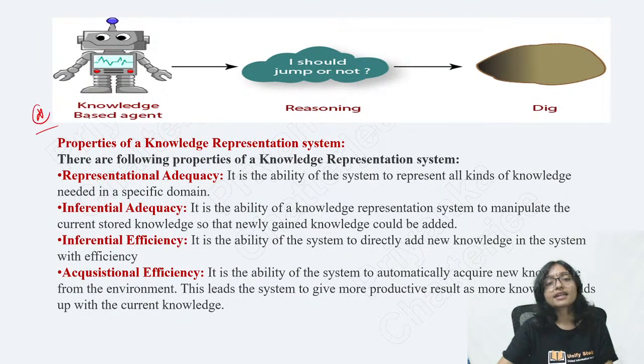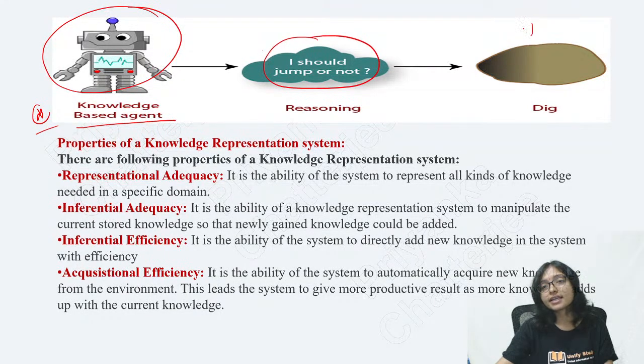So you can see that this is the knowledge base agent, that is a robot here. Now, should I jump or not? Here is a dig. Like that, the robots are there on the moon. After landing on the moon surface, the Chandrayaan robot, these robots are now moving.